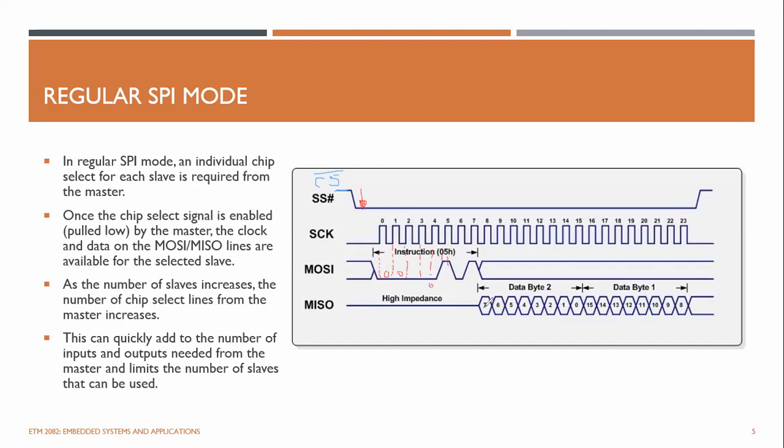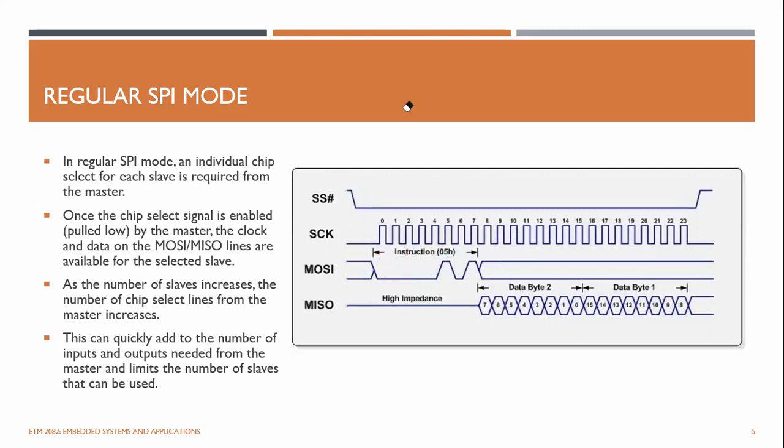And here you can see the data out could be bytes, or sometimes words, or sometimes 12 bits. The data will be sent out by the slave either on the rising edge or falling edge, depending upon the specification of the device that you are using.